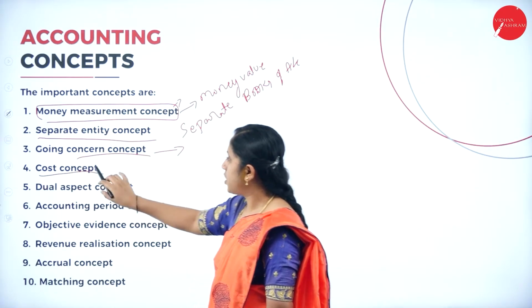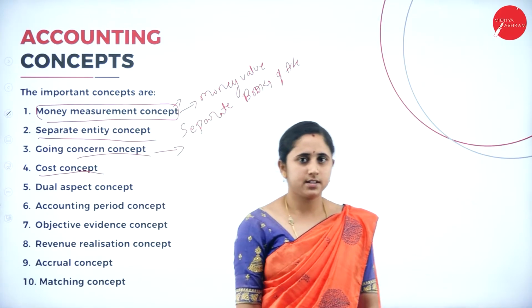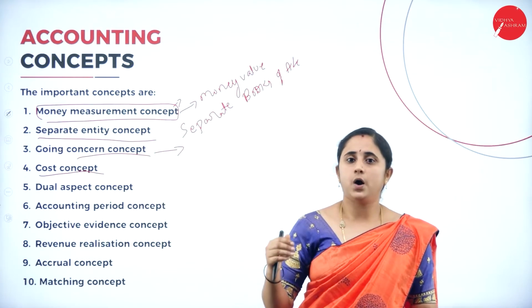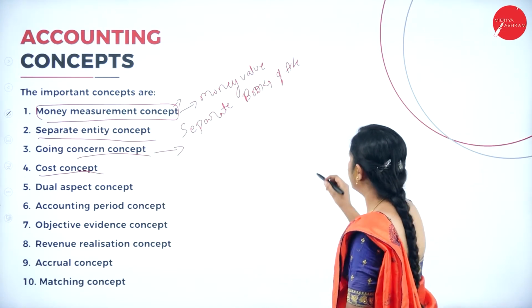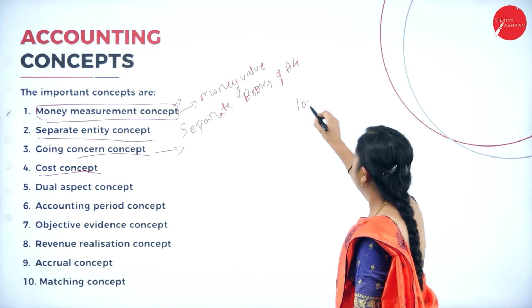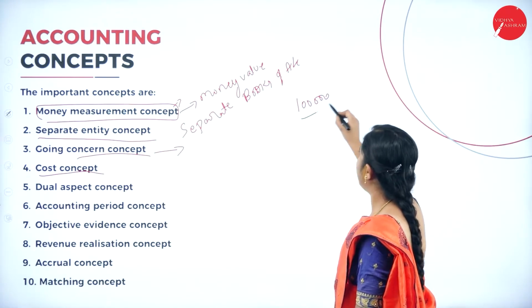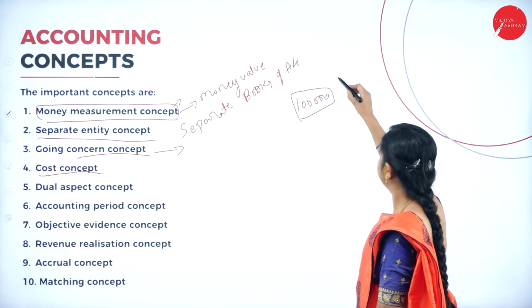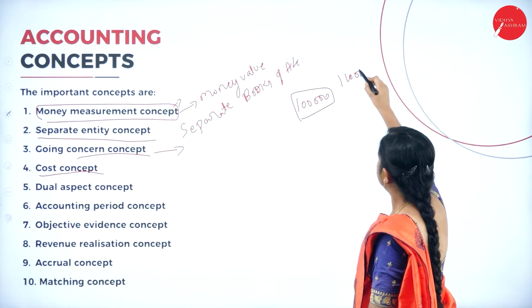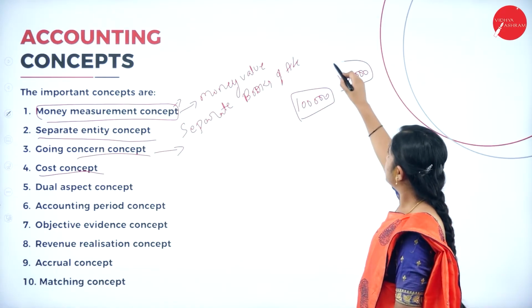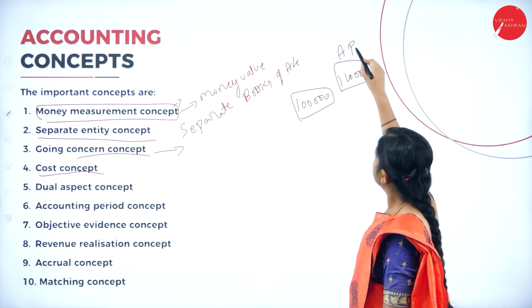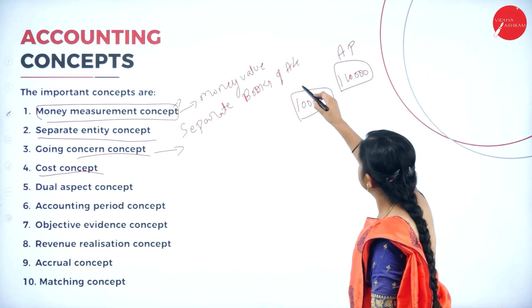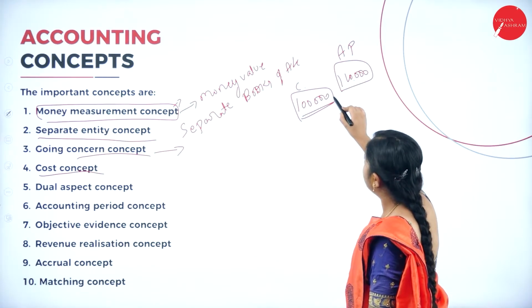Next, the cost concept. This concept says you are buying some assets from outside. That is, you have purchased some assets for rupees 1 lakh, but its actual price in the market is 1,10,000. The cost at which you have purchased is 1 lakh.